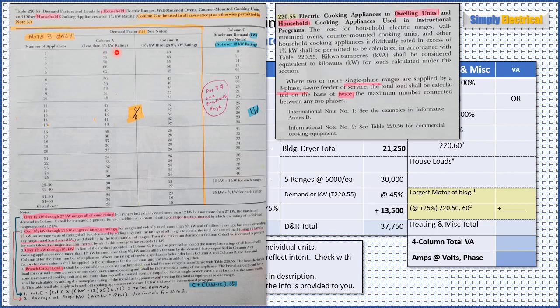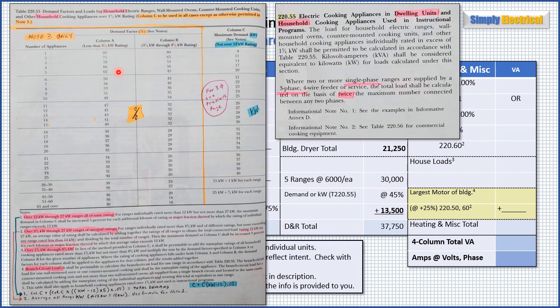The reason for that is this table doesn't apply to anything under 1 3/4 kW. So it's a little misleading to say less than 3.5 instead of saying between 1 3/4 and 3.5, which is what I think it should really say. But anyway, if you have an appliance that falls under column A, then you can use column A. If you have an appliance that falls under column B, you can use column B if you want to. But it's got to fit those criteria right there.